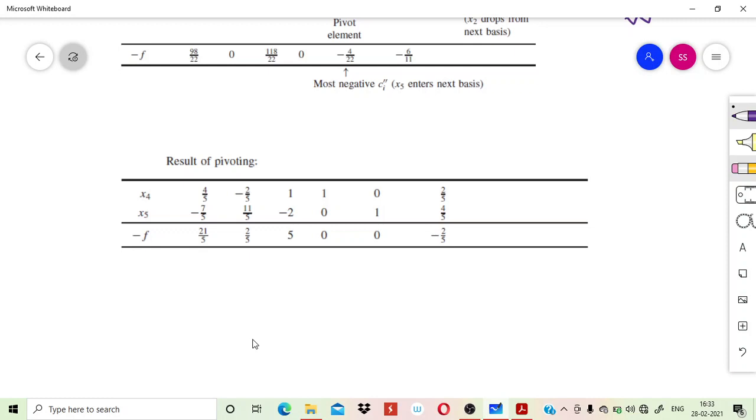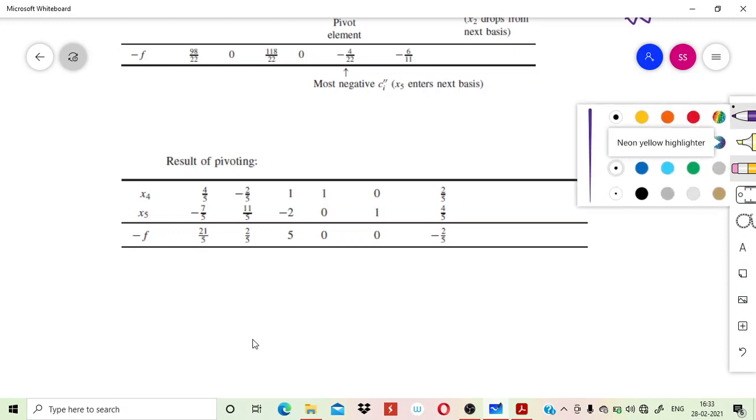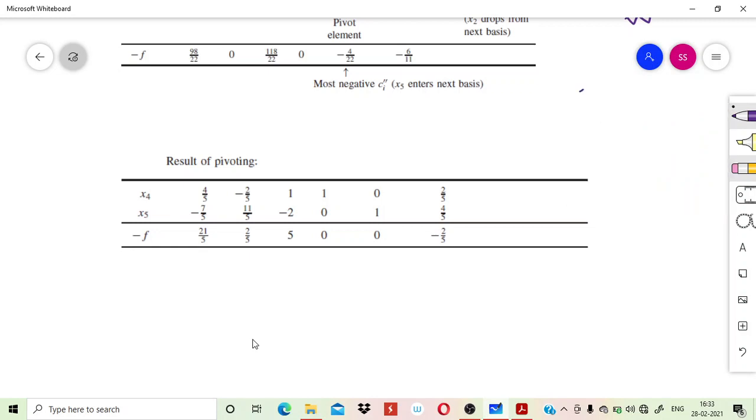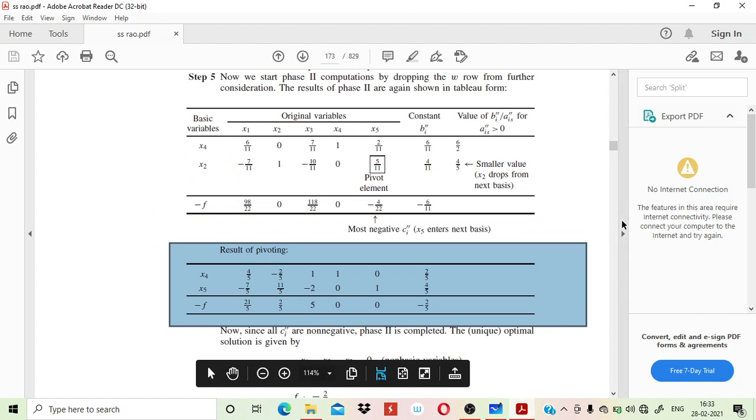And this column corresponds to our solution column. So the solution will be like this.